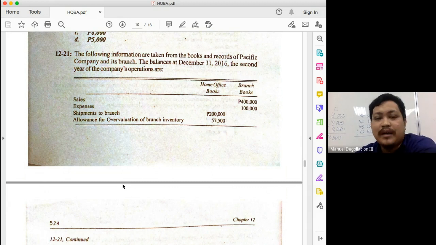And this would help us arrive at the answer, because we know that your TIGAS is composed of your beginning inventory and shipments. And what is being asked in this problem is the amount of beginning inventory. So if you can work back your TIGAS and deduct the shipments from the current year, you will arrive at the beginning inventory. So let's try if we can do that.